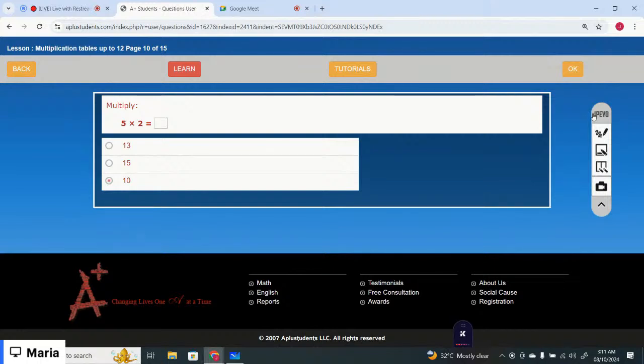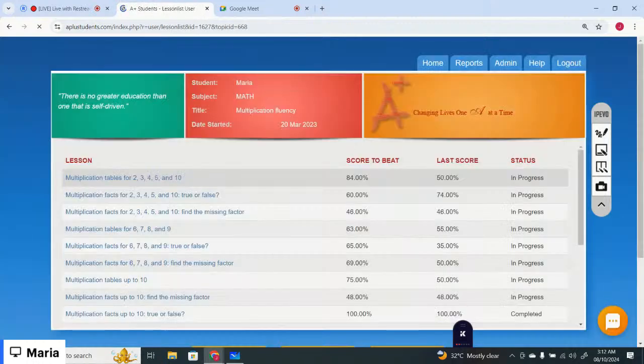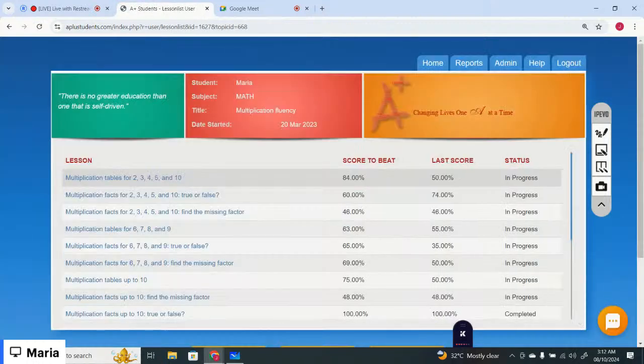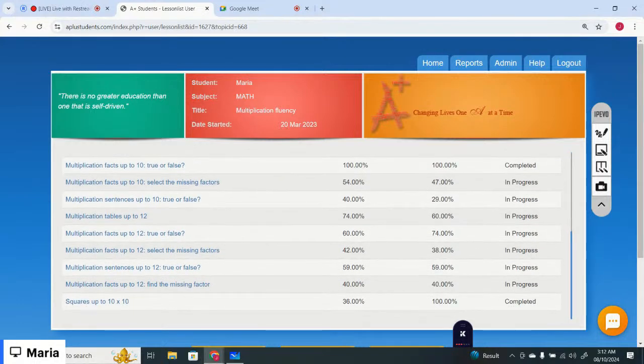Option number 2 is the correct option. Okay, you can complete the lesson by yourself later today. Let's just move on to the next lesson. If you need more help with any of the lessons, you can see the live chat button over here. You can simply contact any tutor on the live chat button.